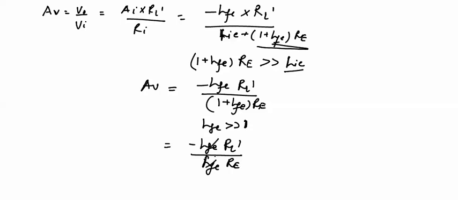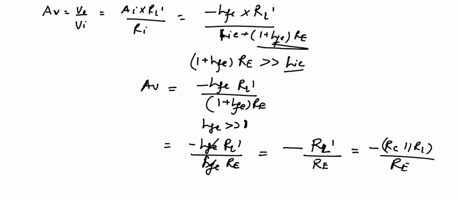This HFE will be cancelled out, and the voltage gain comes out to be minus RL dash upon RE, equal to minus RC in parallel with RL upon RE. So we can write the voltage gain equation directly from the diagram if it is a common emitter amplifier with unbypassed RE.